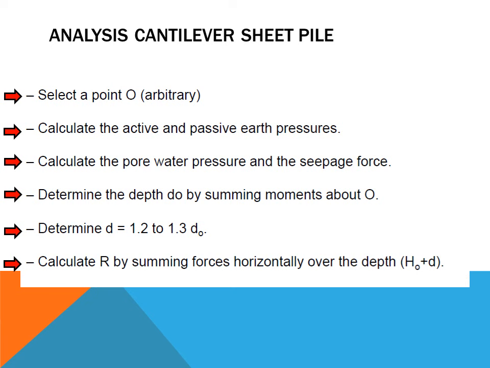Then we calculate the R by summing the forces horizontally over the depth, from the active and the passive side, to see whether we can achieve balanced forces from both sides or not, where the depth will be the H plus the D that we calculated as mentioned just now.